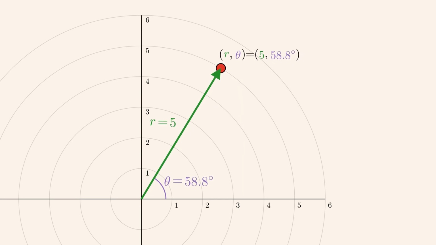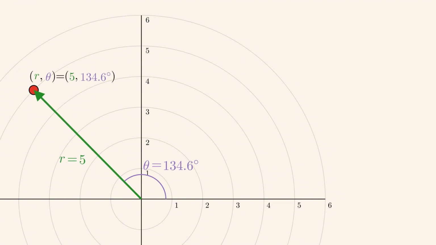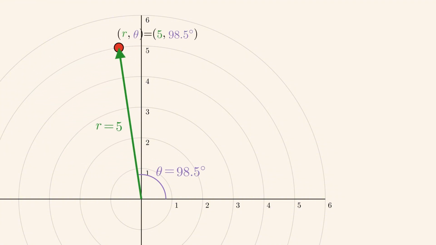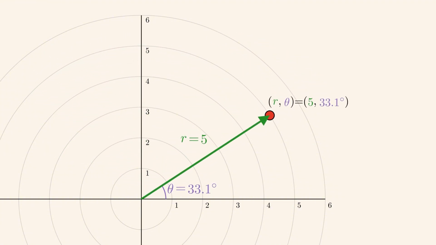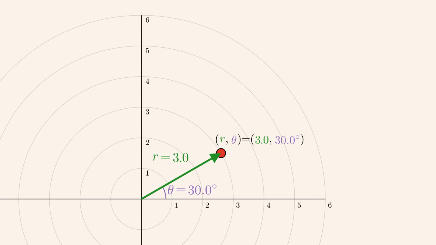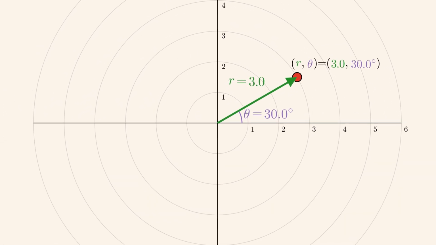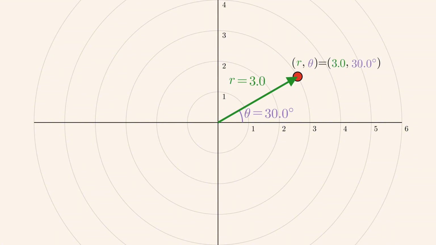As we rotate our point around the circle where r equals 5, notice how theta continuously changes. Alternatively, when we change the r value, it adjusts the point's distance from the origin. When we measure counterclockwise, the angle of our red point is 30 degrees.